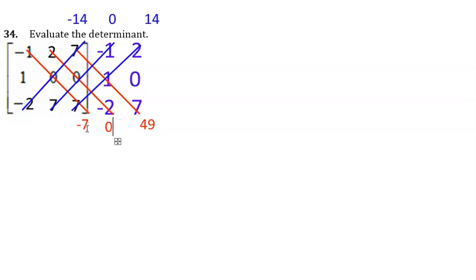So now we'll take the difference between the red ones and the blue ones. So we'll write that out. -7 plus 0 plus 49 minus, and then our blue part, parentheses, -14 plus 0 plus 14.